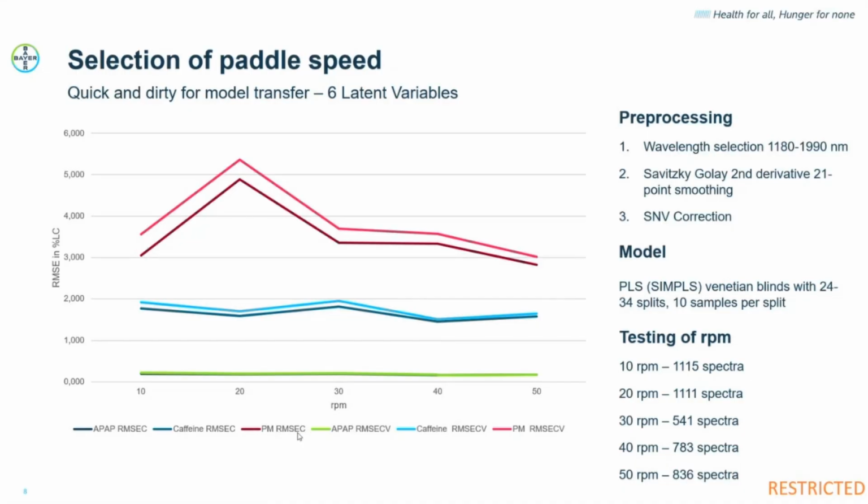Here, the root mean square error of calibration and cross-validation change dramatically in dependency of our paddle speed. So in the end, we selected the highest paddle speed that we had, at 50 RPM, and continued optimizing on that.